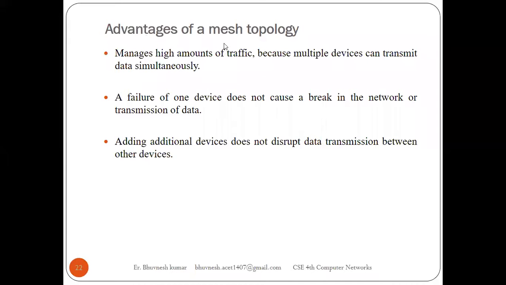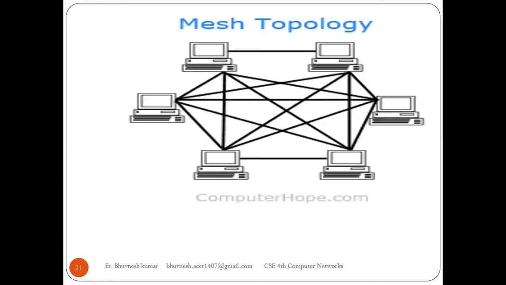An advantage in your mesh topology is that it can manage a high amount of traffic, because multiple devices can transmit data simultaneously. Here this PC can also send data at the same time.